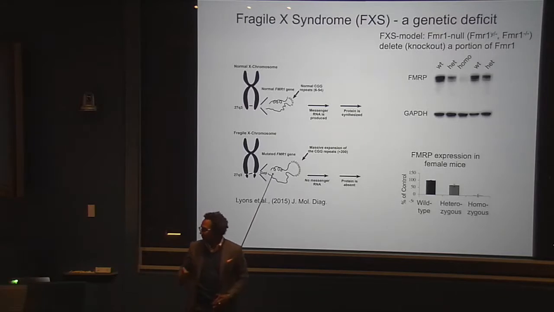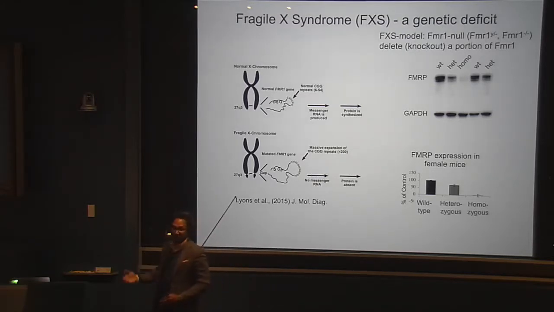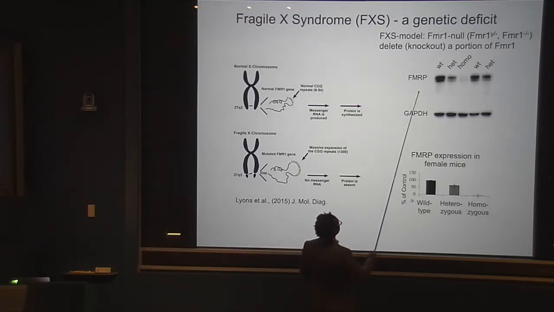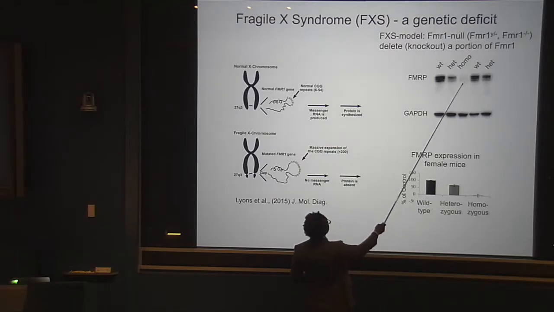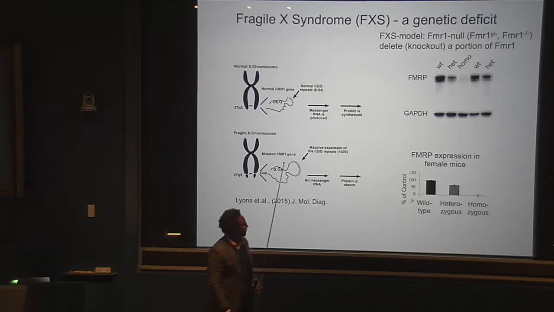The gene is called FMR1, and there'll be a small deletion in that gene so that when the mouse makes that gene product, it doesn't make a functional protein. It'll be knocked out. And you can see here in this Western blot, when you arrange for that, it's not there in the homozygous female. It's partly there in heterozygous females and so on. So it's something that you can actually measure and have full control over.